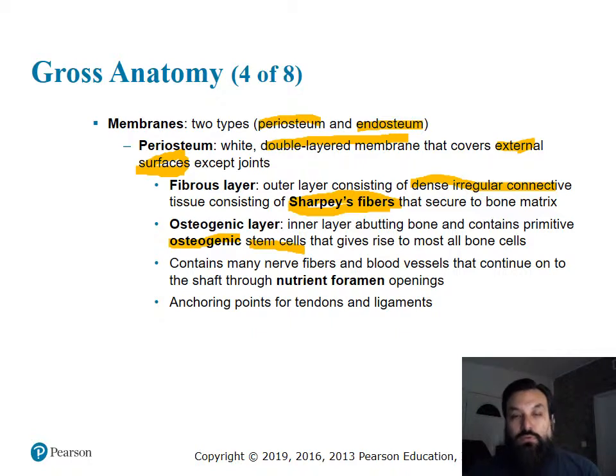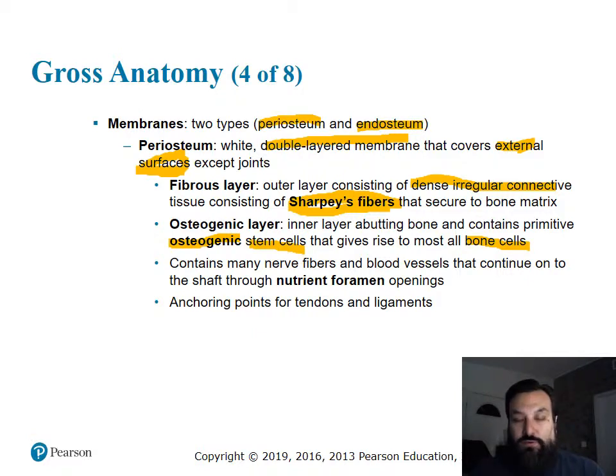Stem cells are a type of cell that will divide and turn into many different types of cells as dictated by the body. Osteogenic stem cells can turn into all different types of bone cells, and we'll take a look at what we mean by bone cells. But osteogenic cells are found there in that periosteum.